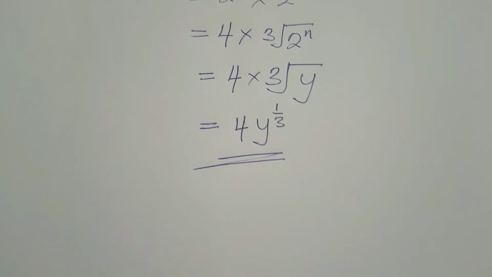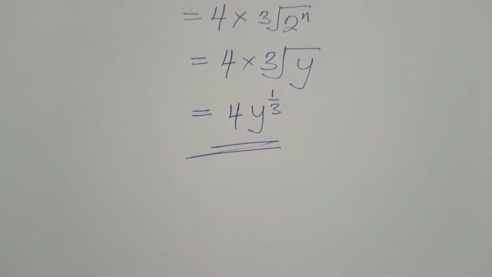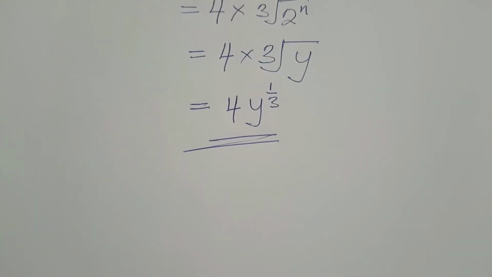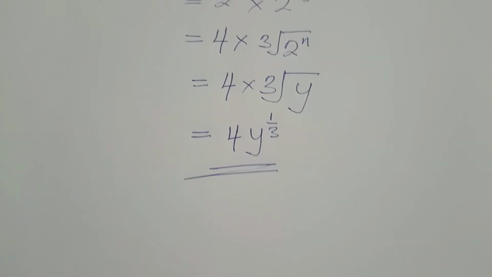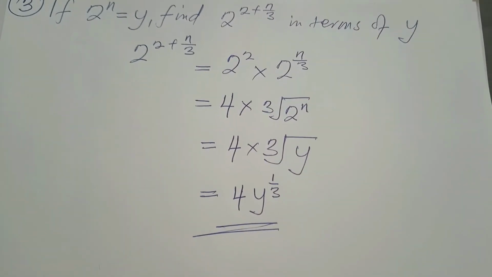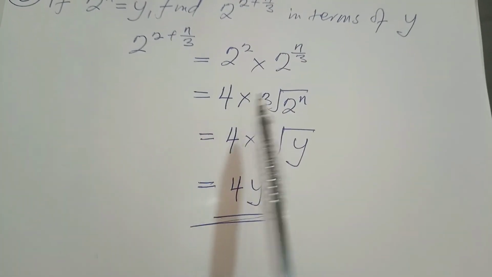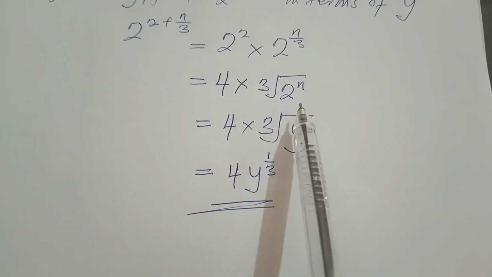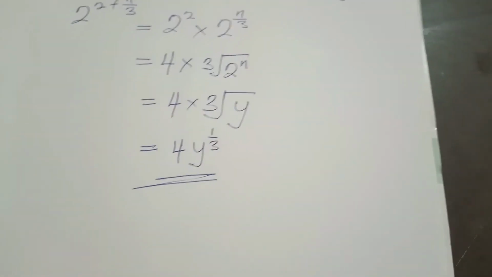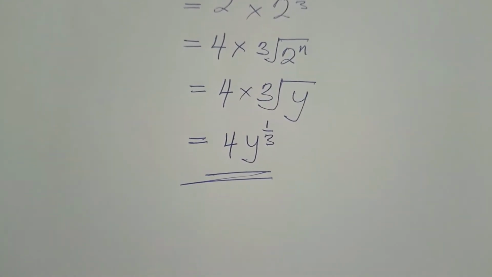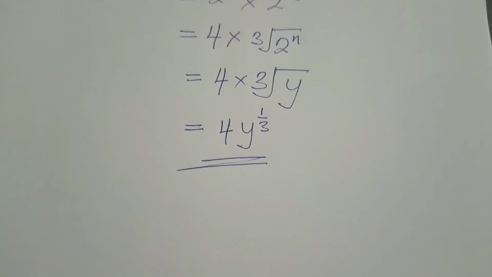Or if the question is not clearly stating where that one is, then you are going to express the question in a way that you are going to have that, just like this question 3, where the 2 exponent n is not clearly stated, but we work it out applying the rules to get to our 2 exponent n somewhere, and then we fix it there. I hope with this you'll be able to overcome this challenge in your exams anywhere you find it.